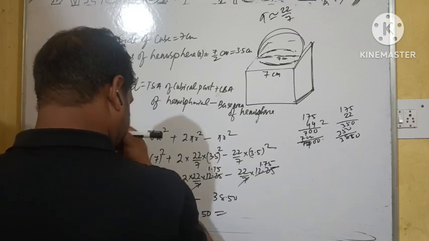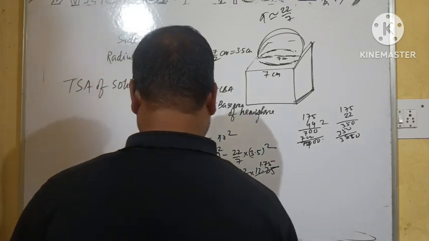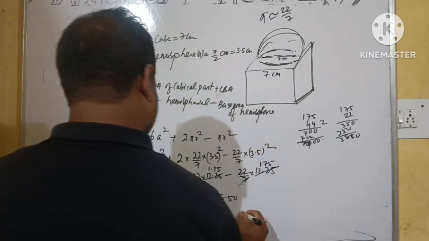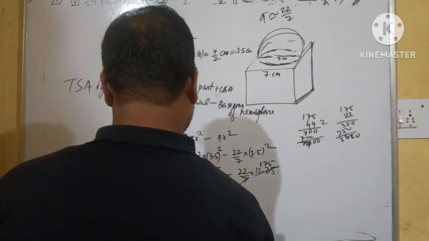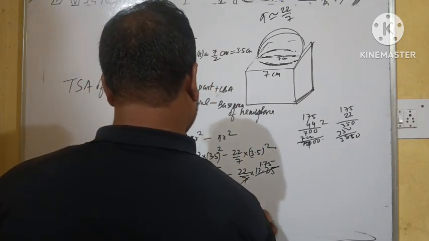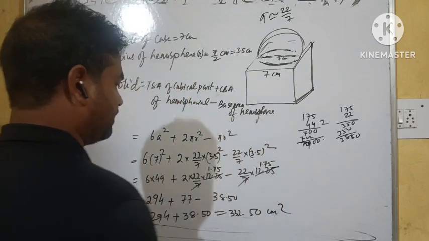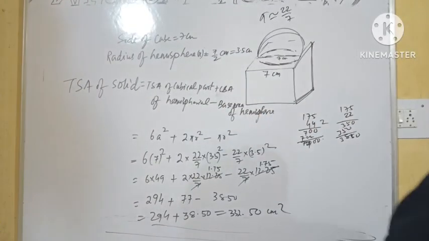Then 294 plus 38.50 will be 332.50 centimeter square. This is the required answer.